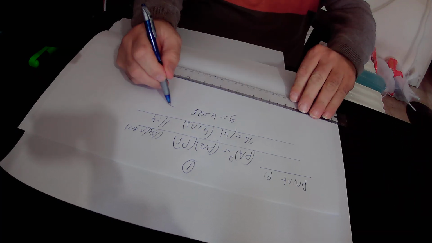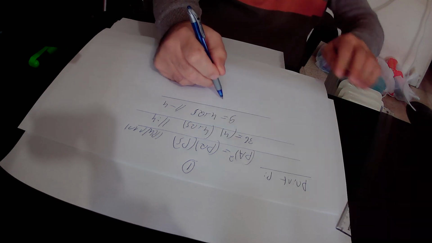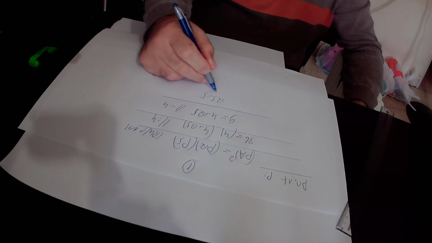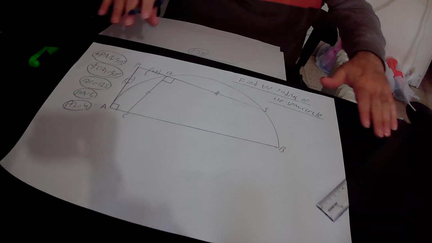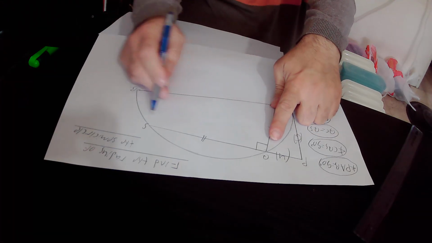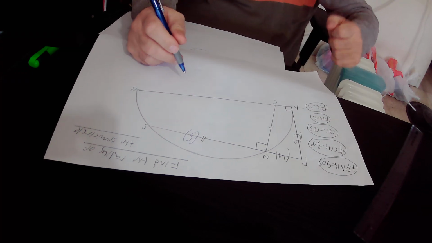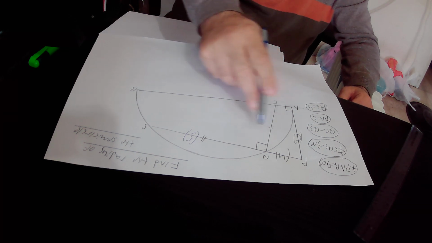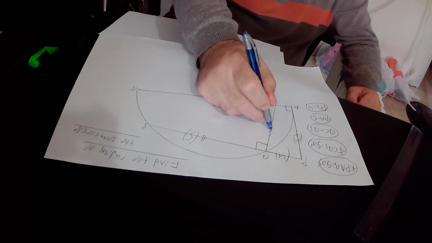Here we subtract 4, and finally we get that QS equals 9 minus 4, that is 5. Actually, we found that the chord QS equals 5 units in length. But because it is given in the question that QC equals QS and QS equals 5, therefore QC must also equal 5 units in length.